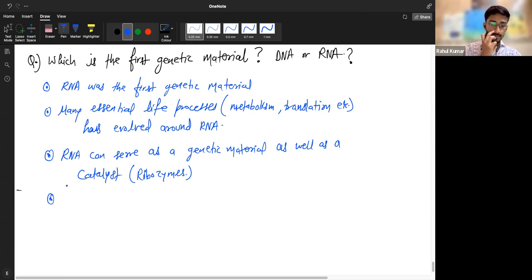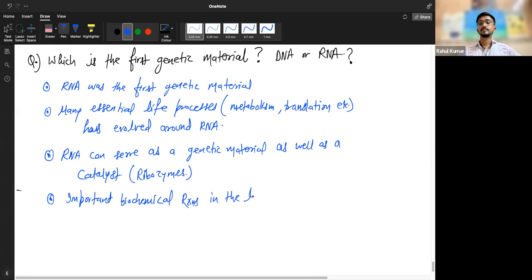Next point, there are important biochemical reactions in the living system that are still catalyzed by some RNAs, and not protein enzymes.